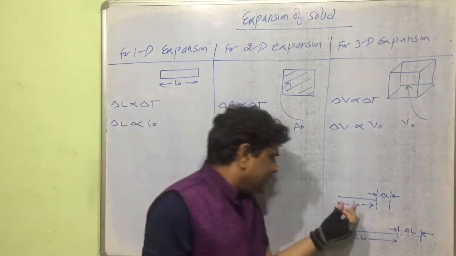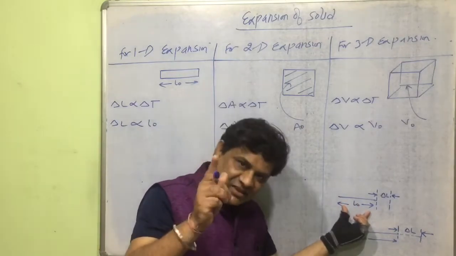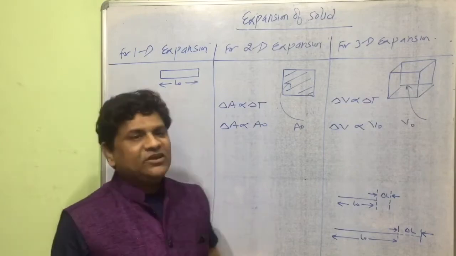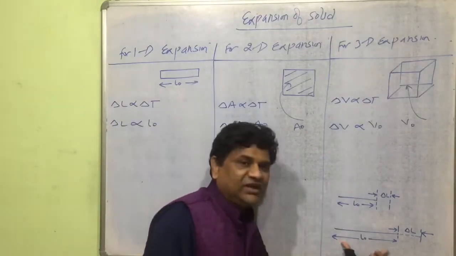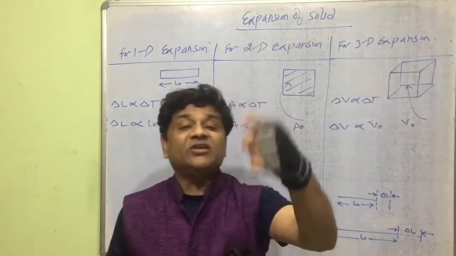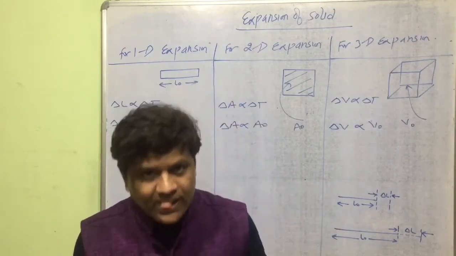The less the original length, the less will be the change in length. The more the original length, the more will be the change in length after a rise in temperature.